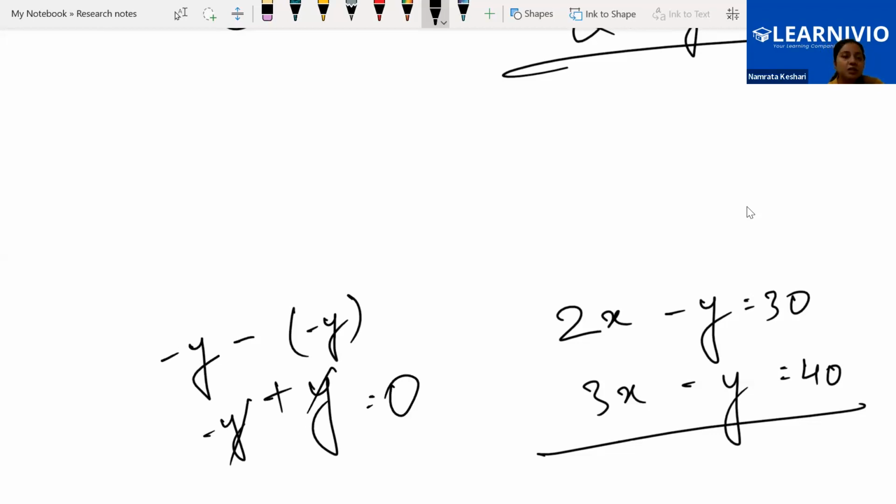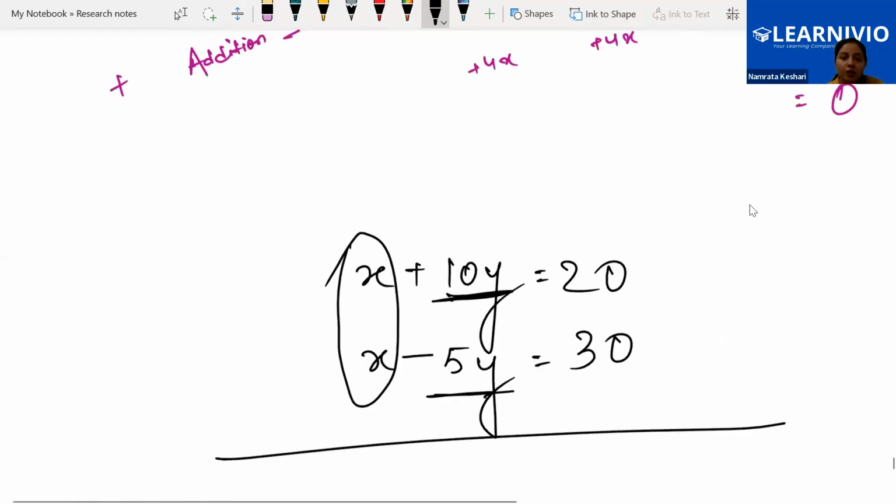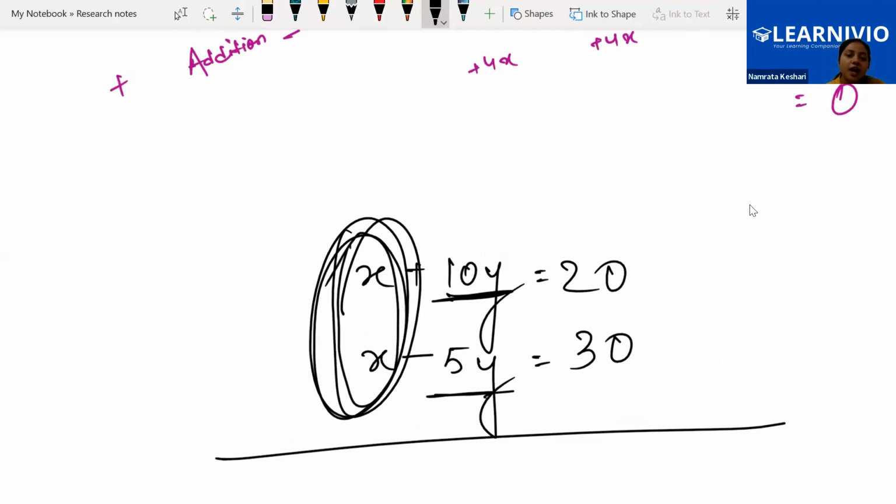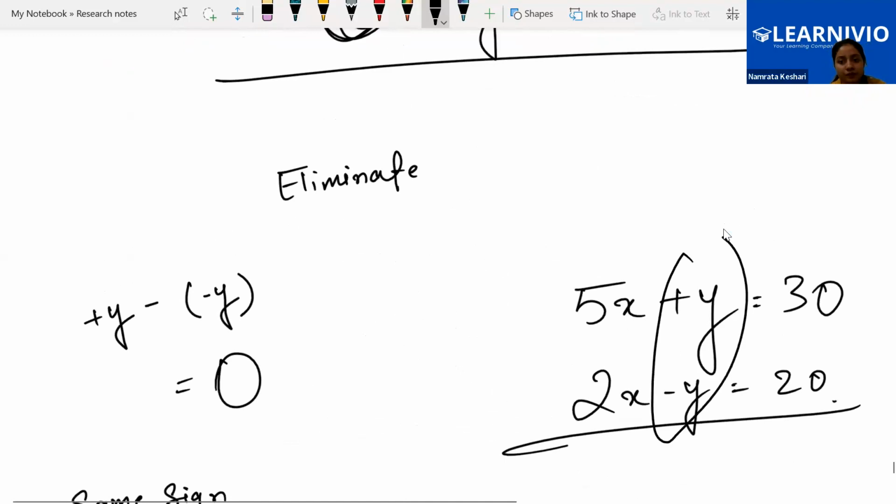So the conclusion is when the same sign is there, either both negative or both positive, then we have to do the subtraction. When opposite sign is there, like one is positive and another is negative, we have to add them.